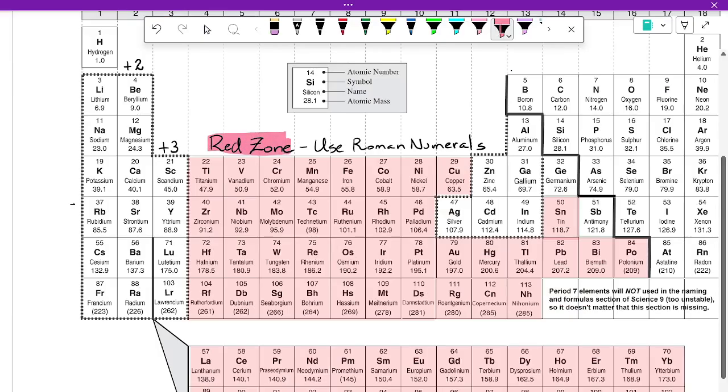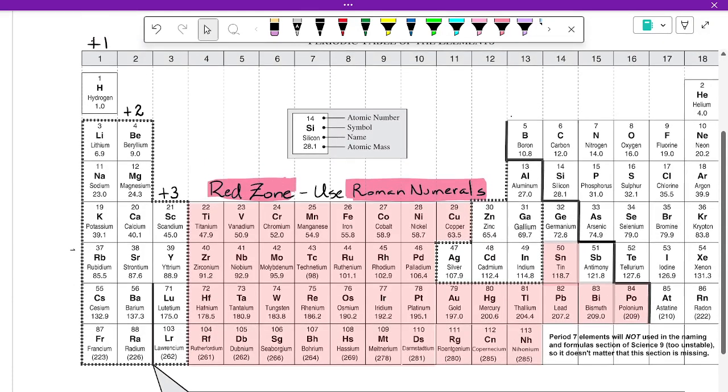So in the red zone, we use Roman numerals, and the Roman numeral tells us what the charge of the ion is.